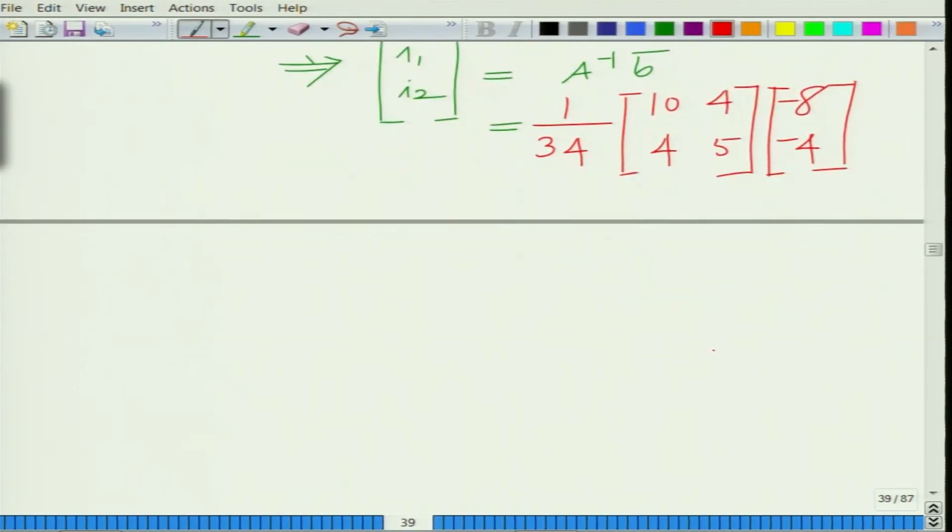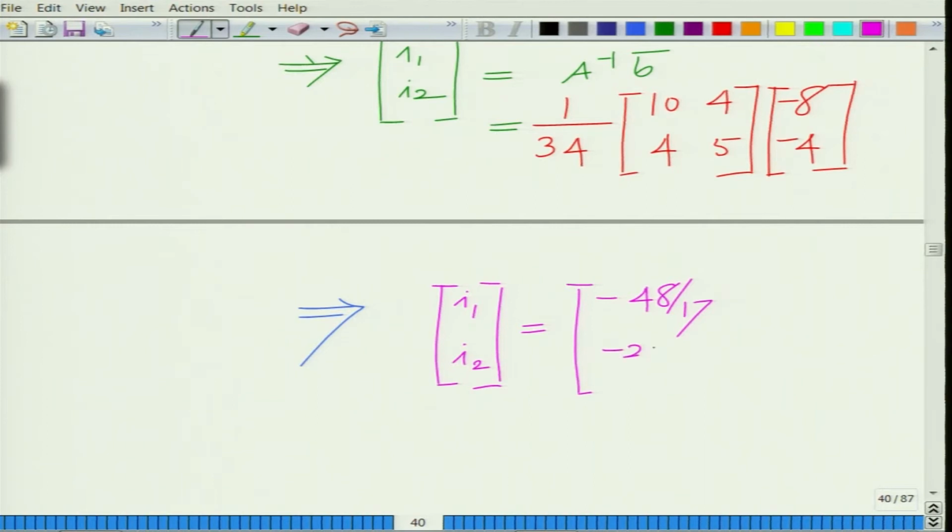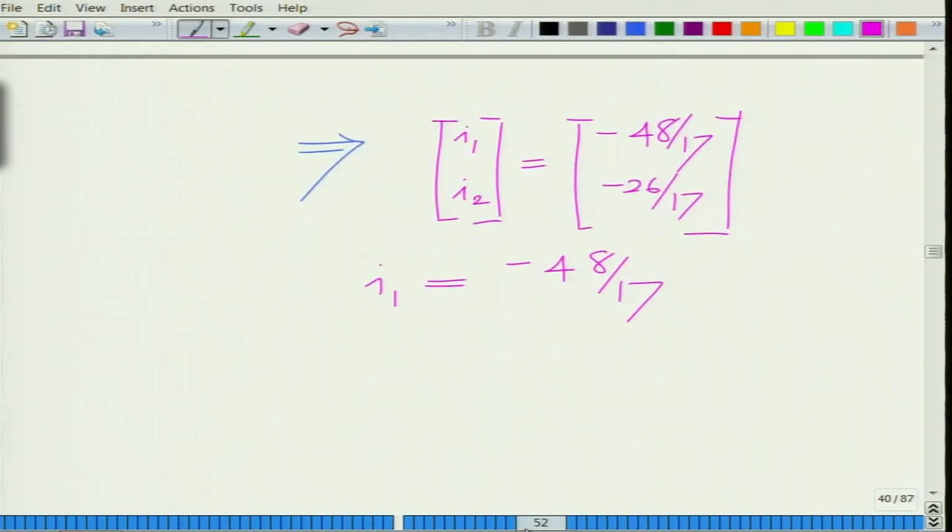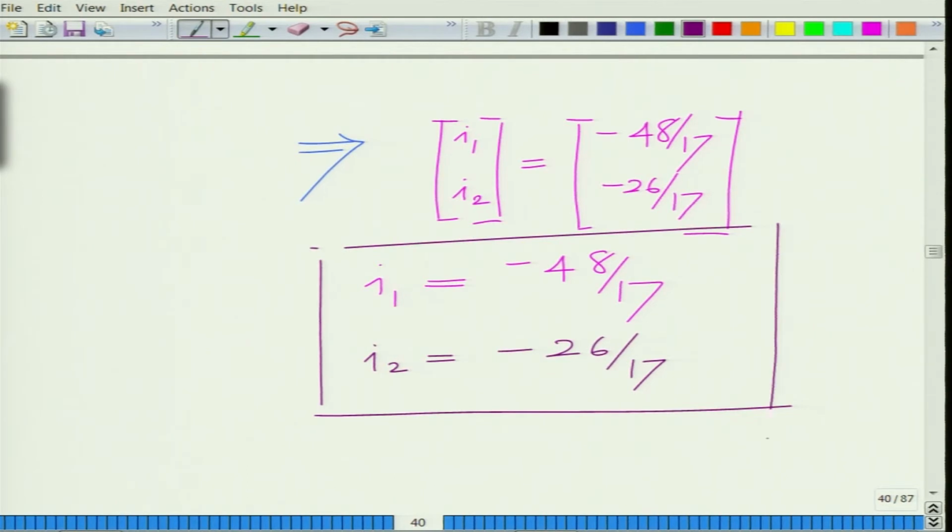If I simplify this, you will have the currents I1 and I2 determined as minus 48 by 17 and minus 26 by 17. So, the mesh current I1 equals minus 48 by 17 and the mesh current I2 equals minus 26 by 17. So, these are the mesh currents.